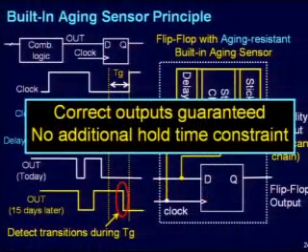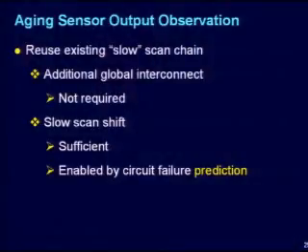One important point to note is, again, you have made the flip-flops bigger, but you have not added any global interconnects because you'll be using the scan chain, which already exists on the chip, to get the information out. And why is it possible? Well, I'll come to this point a little later, but let's go to that scan chain thing.